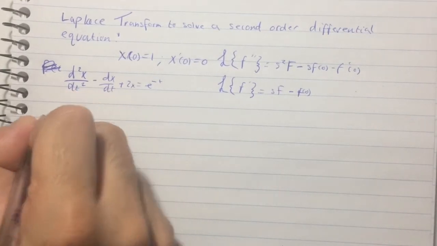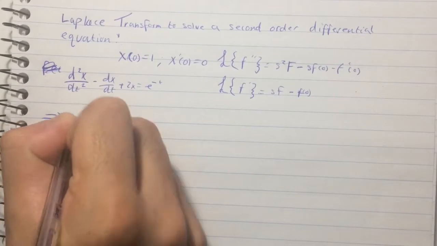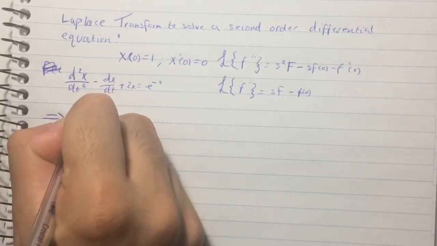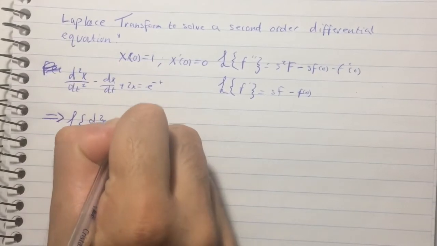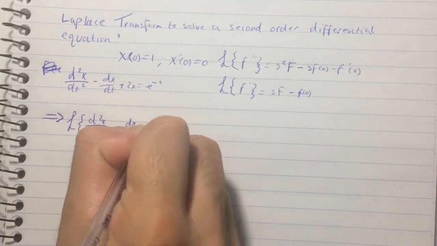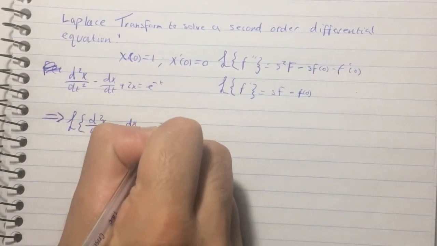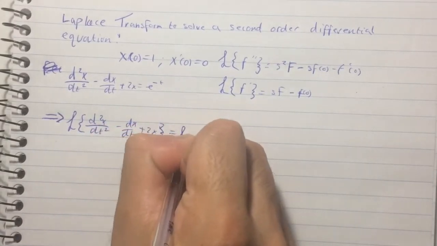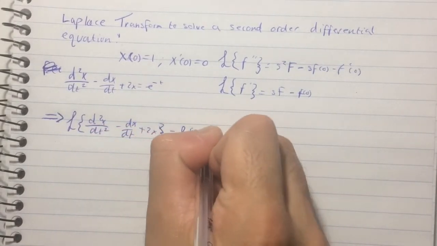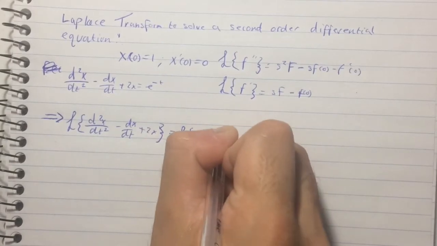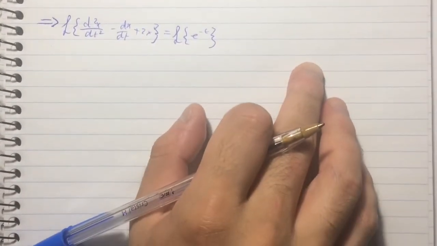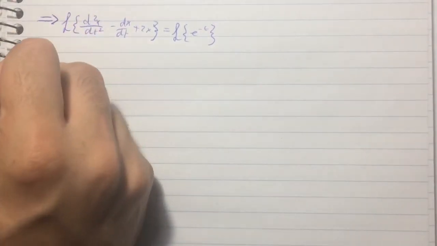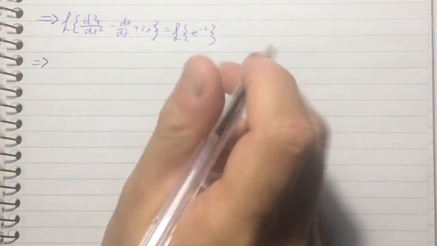So the first step is to just take the Laplace transform of both sides. So d squared x dt squared minus dx dt plus 2x is equal to the Laplace transform of e to the minus t. Now, we input what those answers will be.